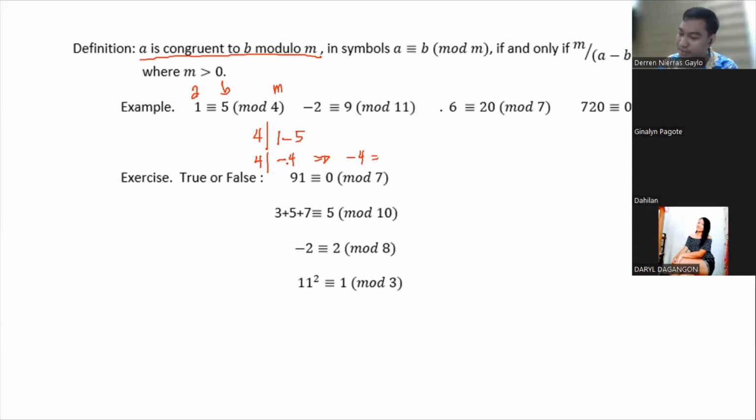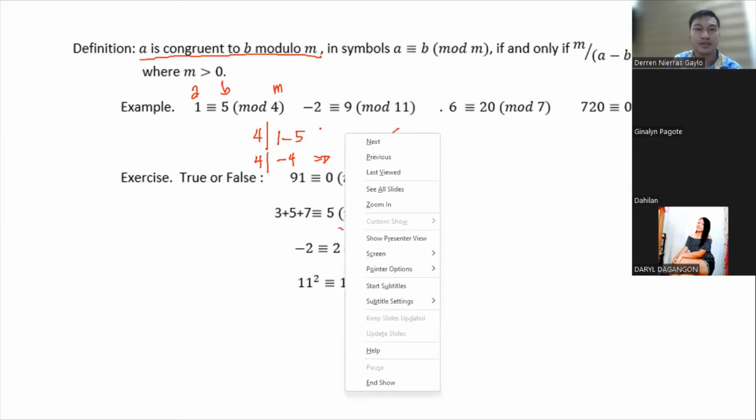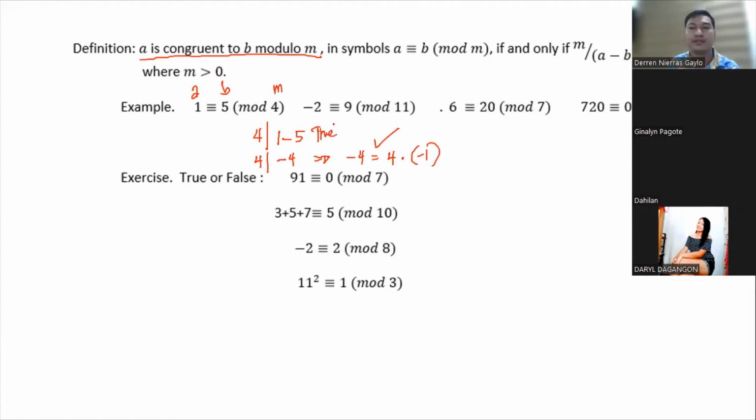If it divides, because we can get an integer where negative 4 is equal to 4 times something. And we can get negative 1 here, which is also an integer, so it's correct. This is true that 4 divides 1 minus 5 because we can get a number that we can multiply with 4 to get negative 4, and it's negative 1.